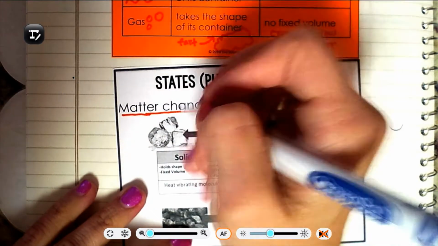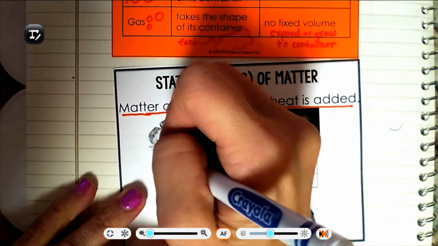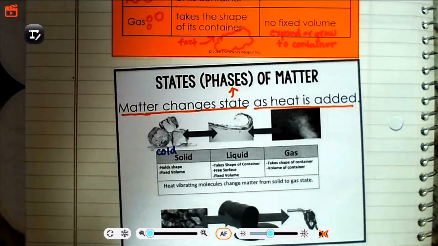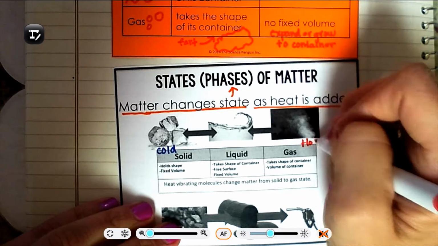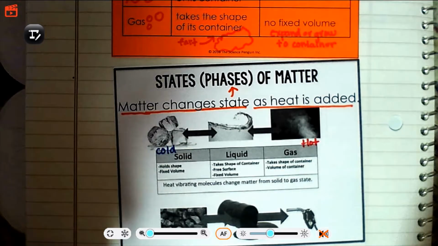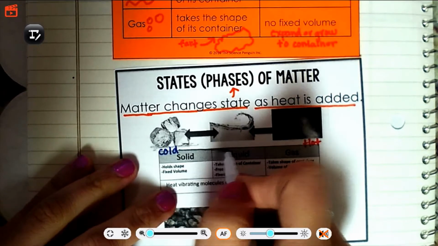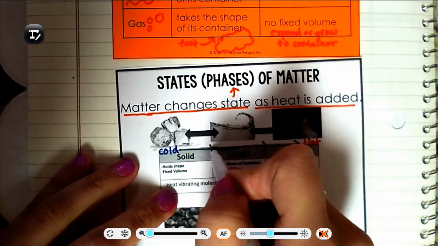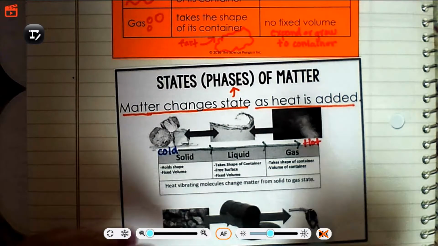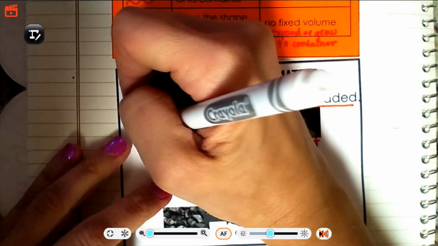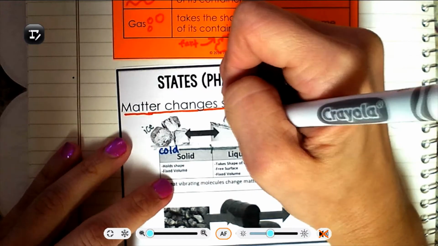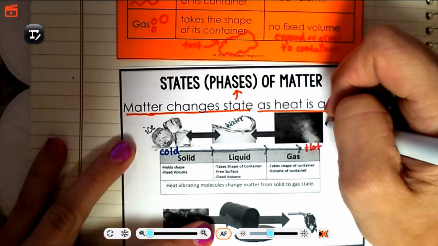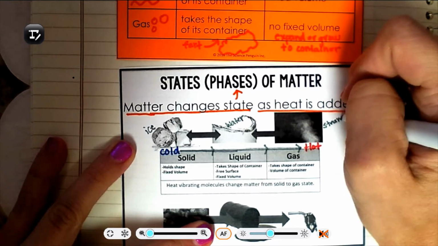So remember ice, cold, steam, or water vapor, hot. So that's how that changes. So as heat is added, we've got solid ice, liquid water, and gaseous steam or water vapor.